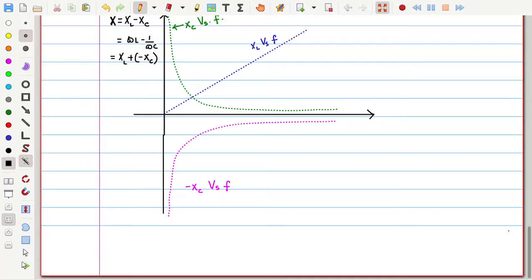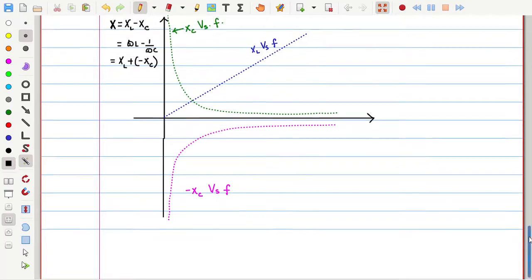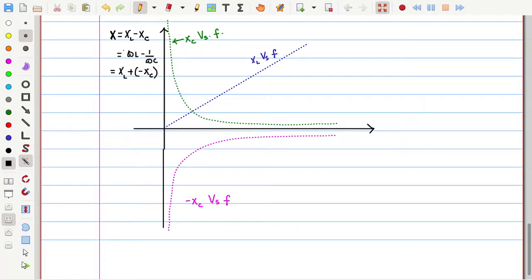Instead of taking X directly, I'll take the magnitude of X, mod X, so we need not draw one more different kind of curve. Once I add up, how much is XL at zero frequency? Here XL is 0. How much is Xc? Minus infinite. So 0 plus minus infinite is minus infinite. Mod of that is plus infinite.